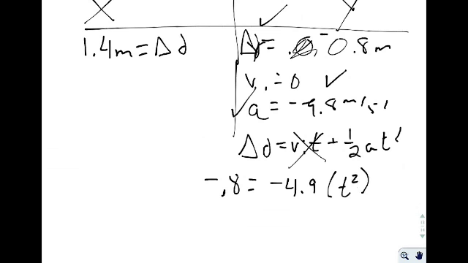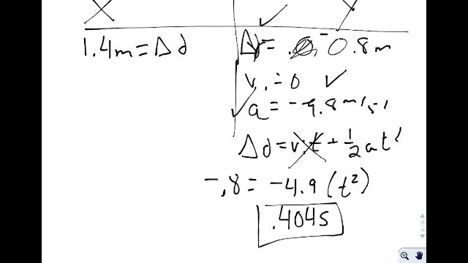You can solve for the time it takes in this particular case. You divide both sides by negative 4.9, take the square root, and you end up with 0.404 seconds.